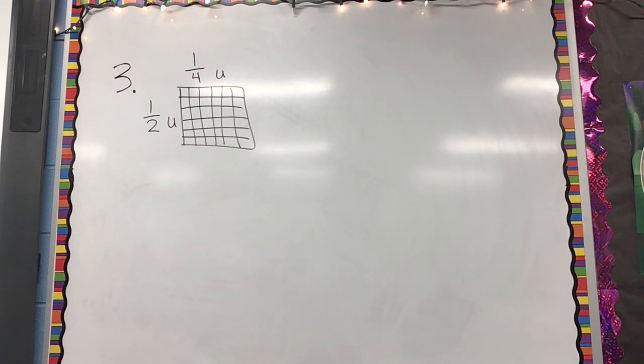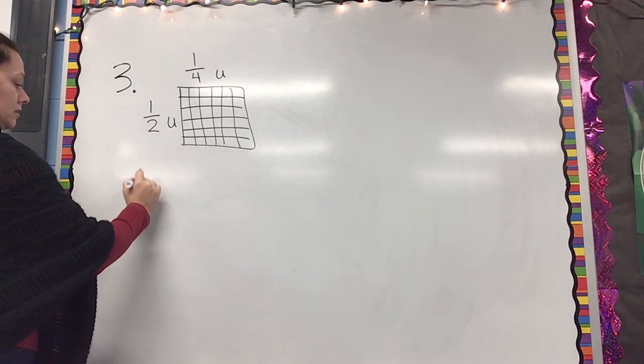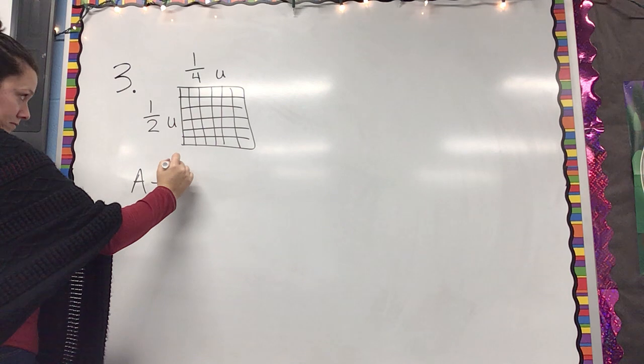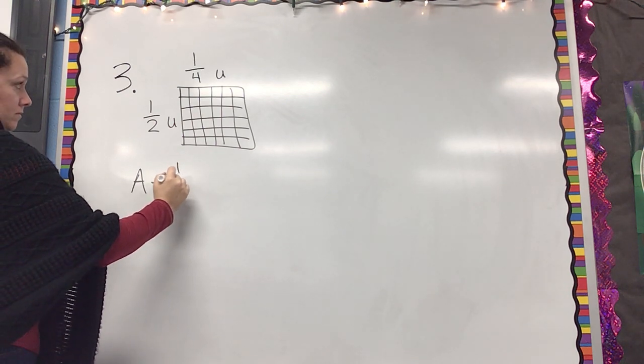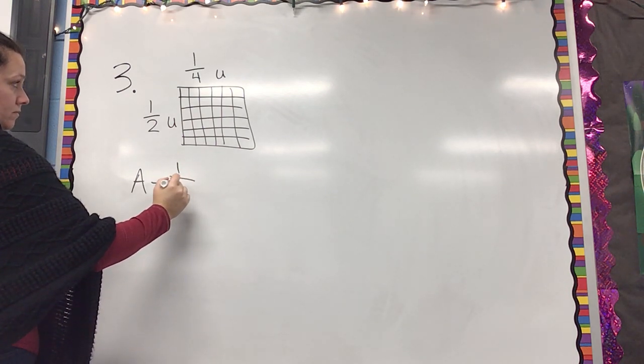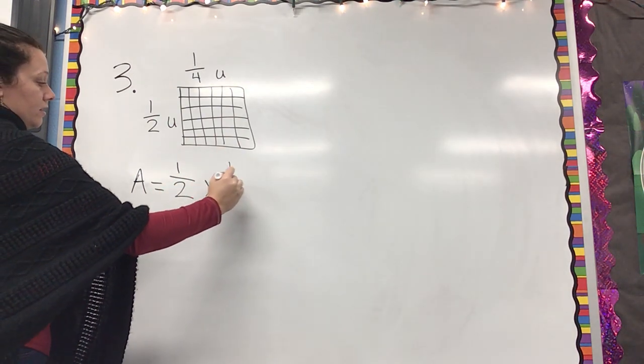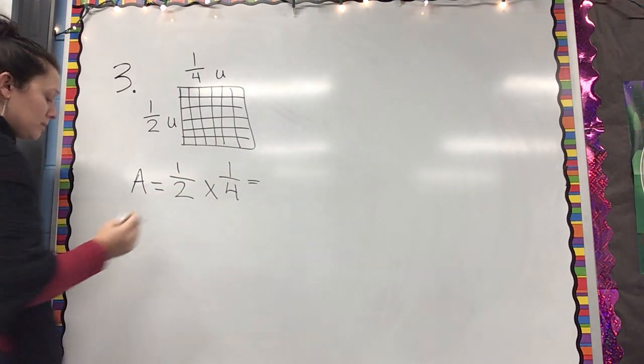What is going to be my area? Mimi, how do I find my area here? So you put A, and then your length is 1/4 U, and then your width is 1/2. I'd go 1/2 times 1/4. Very nice. And how do I multiply these fractions?